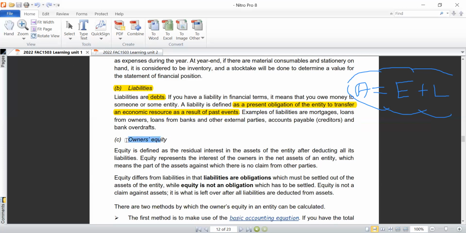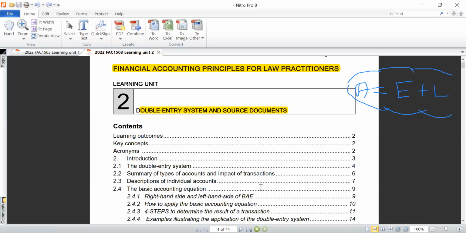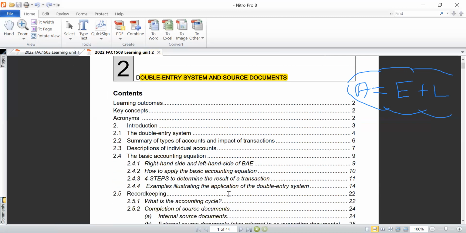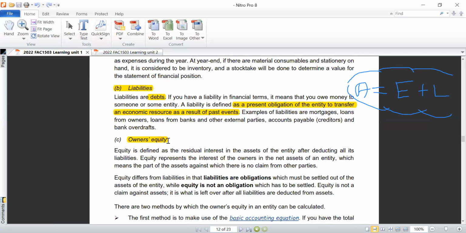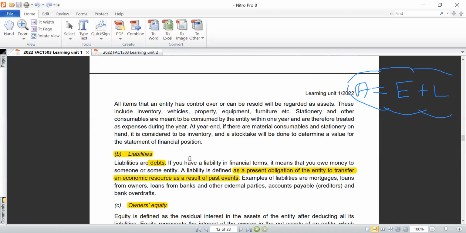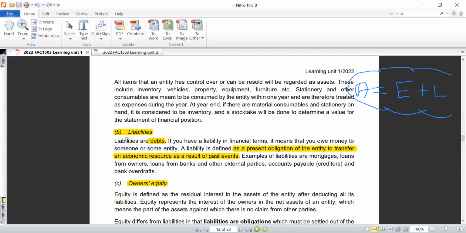Then, of course, there's owner's equity. Already I'm introducing you to these, because when we talk about the double entry principles, we will be looking at those elements of financial statements. I don't just want to touch the surface of definitions, because it's a build up into what I'll explain in Learning Unit 2.